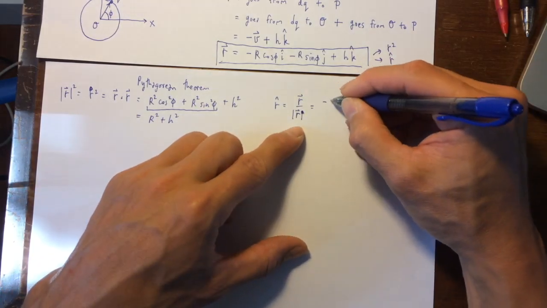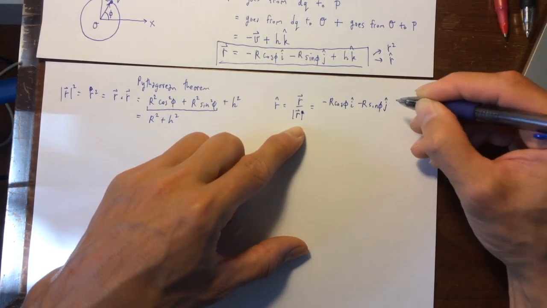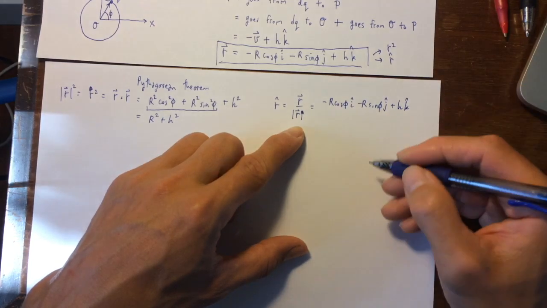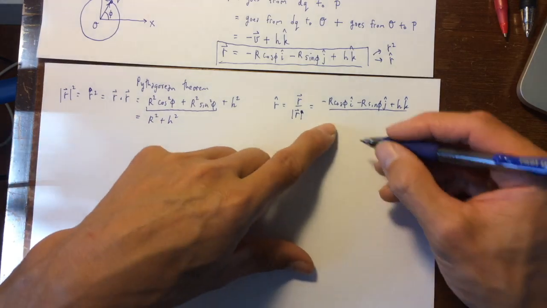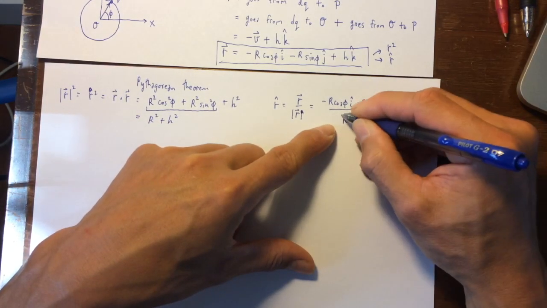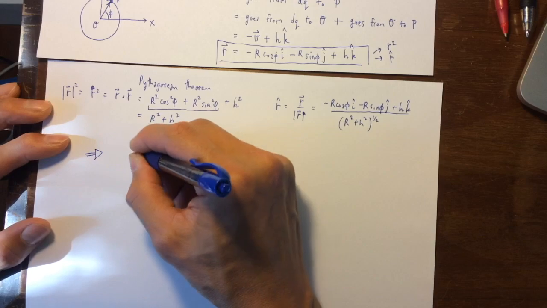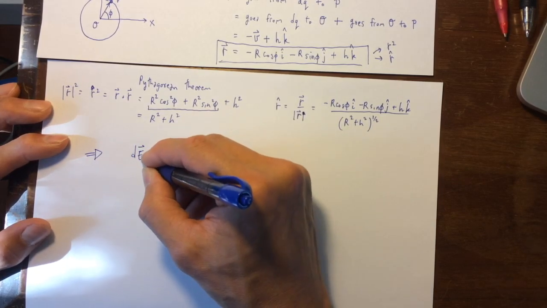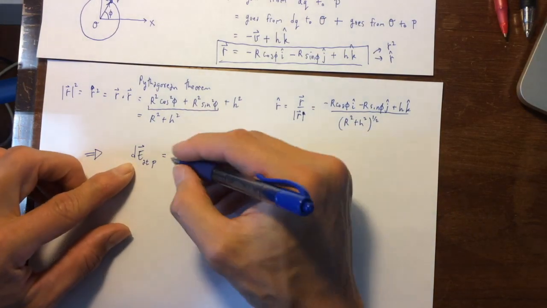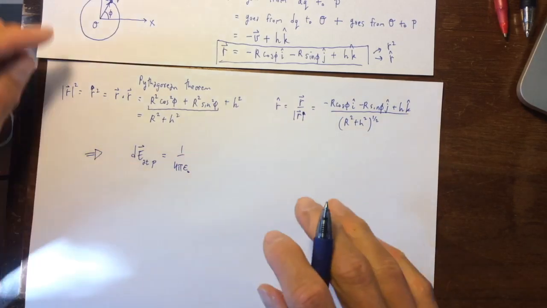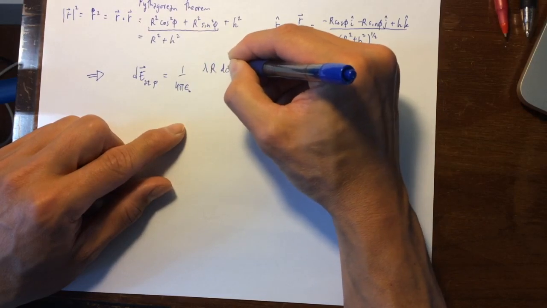So if you just fill in, this is minus r cosine phi i hat minus r sine phi j hat plus h k hat, and then you divide by the length of r, and the length of r is the square root of the length squared, so it's r squared plus h squared to the 1/2 power. So all this means that I can write that the electric field at P has a contribution, this infinitesimal sense, of 1 over 4 pi epsilon 0, it's got this lambda r d phi.